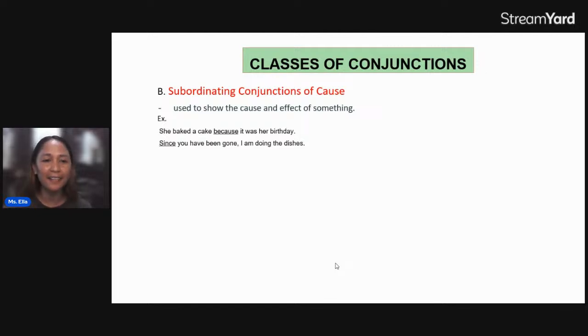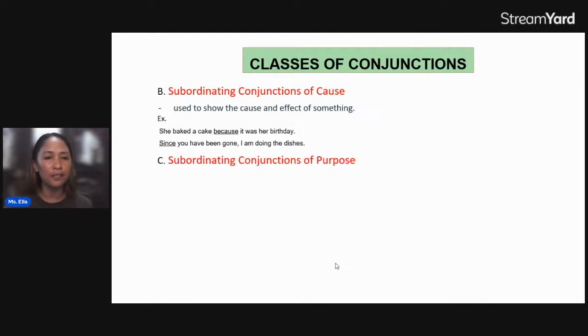Next, "Since you have been gone, I am doing the dishes." The cause here is "you have been gone," and the effect is "I am doing the dishes." So that's the subordinating conjunction of cause, showing the cause and effect of something in one sentence. Usually, subordinating conjunctions of cause use the conjunctions "because" and "since."